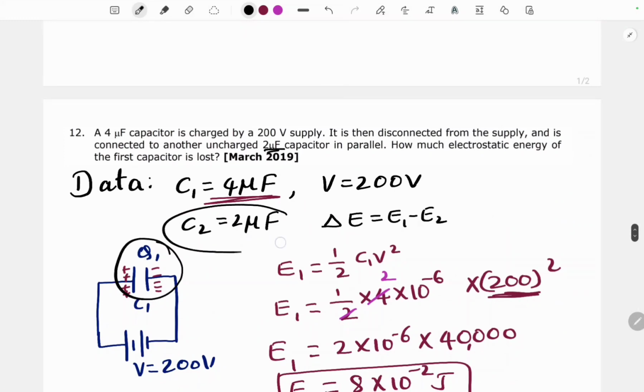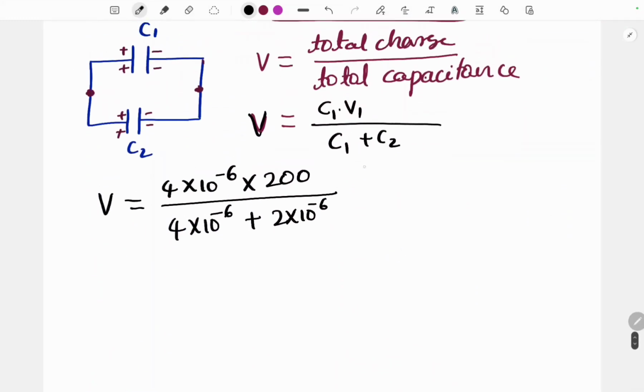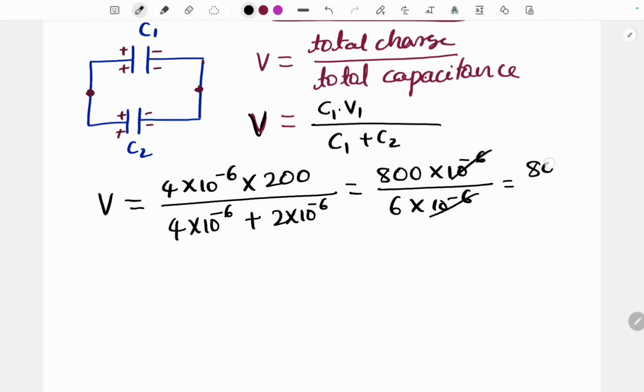Okay, let us solve this. So if you solve, you will get 4 2s are 800 into 10 to the power minus 6, divided by 4 plus 2 is 6 into 10 to the power minus 6. So here the 10 to the power minus 6 cancel, so it will be 800 divided by 6 volts.